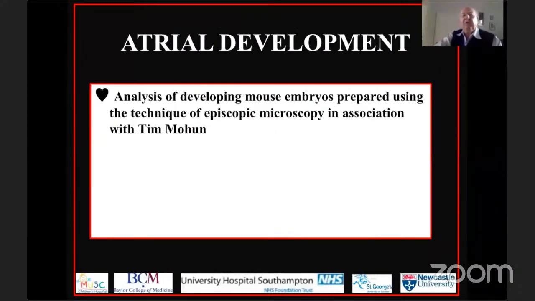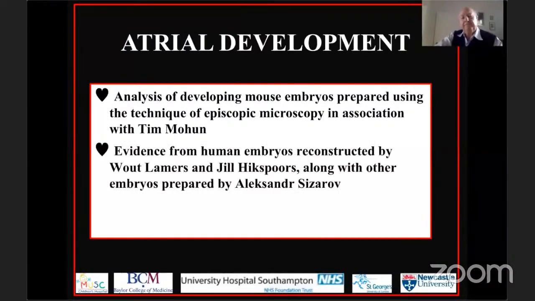Let me remind you again that the evidence I'm going to present comes from a series of embryos prepared using the technique known as episcopic microscopy, prepared by my good friend Tim Mohan. I'm also going to share images from the interactive PDF files prepared by my colleagues at the University of Maastricht, Professor Wout Lammers and Dr. Joel Hicks-Bowes.